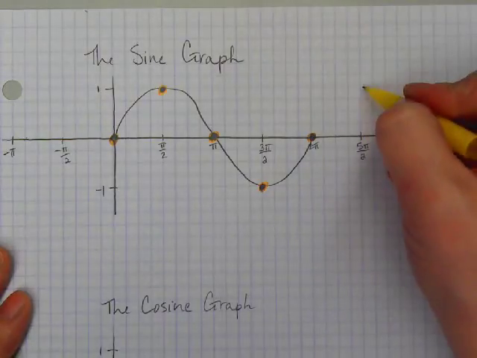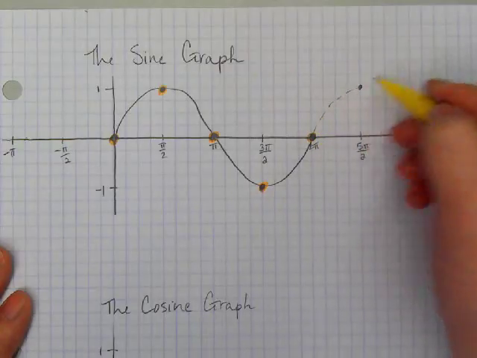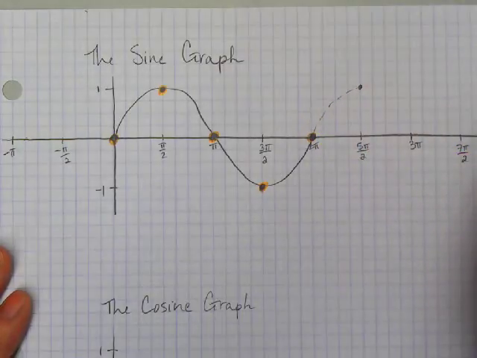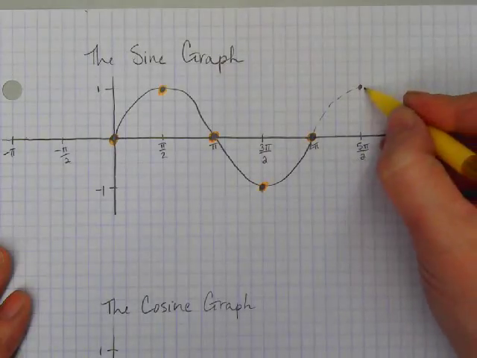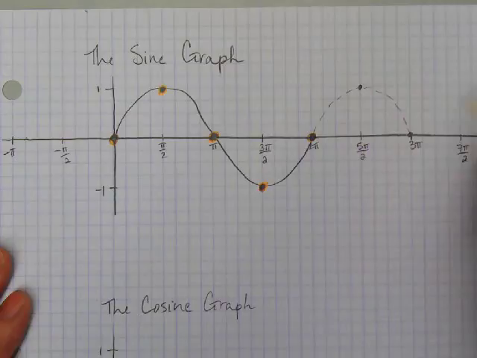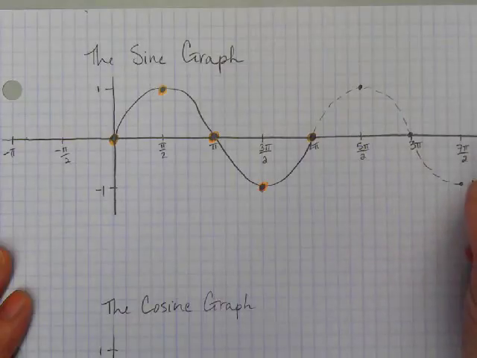So that same pattern, and then at 7 pi, I'm going to be back down to -1. That pattern is just going to continue. If I go backwards, I'm going to come down here to negative pi over 2, -1, and come back up to negative pi, 0.